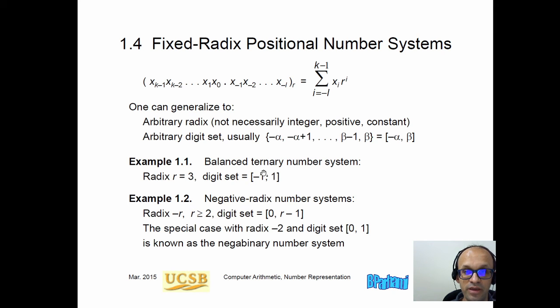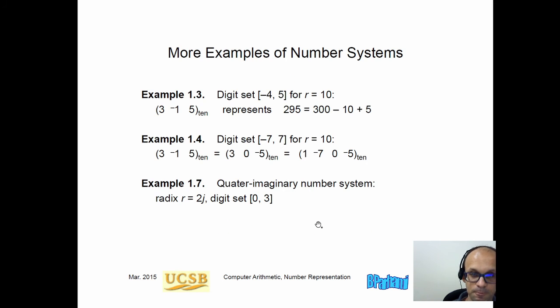For example, in a ternary number system, the radix is 3 and the digit set can go from minus 1 to 1, so you have minus 1, 0, and 1. You can also have negative radix numbers, for example digits from 0 to r minus 1. In this case, you have just 0 and 1, right?